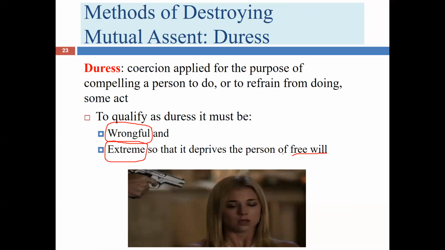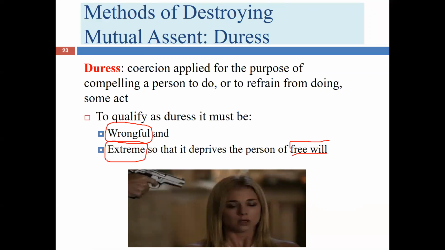Now, if you are, say, a middle-class person and all the assets you have in the world is $100,000, and you might lose that $100,000 if I win my fake lawsuit, well, then that would be a situation where I'm acting unlawfully and I am applying extreme duress that could make it seem like you did not have free will.